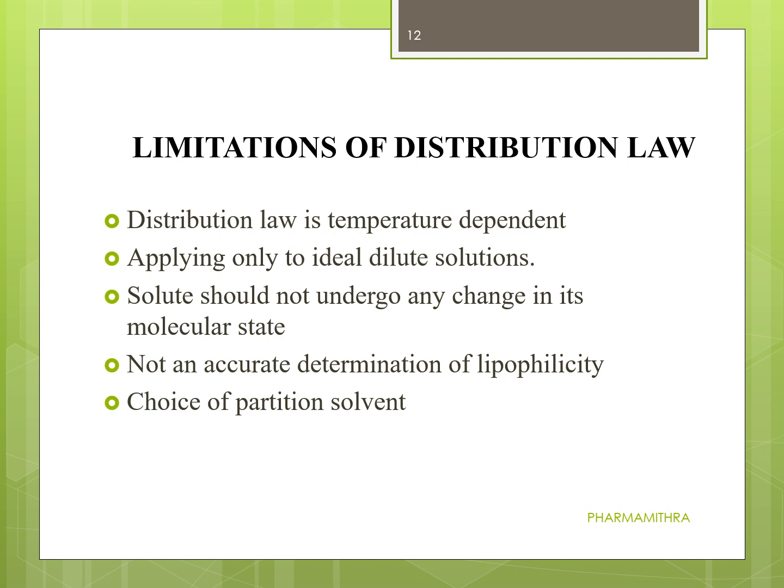The commonly used partition solvent is octan-1-ol. Its property is that it has a resemblance to the lipid bilayer. So if it has more distribution, what happens? It will diffuse through the membrane. So we want to choose a particular partition solvent to apply this distribution law. So these are the limitations of the distribution law.